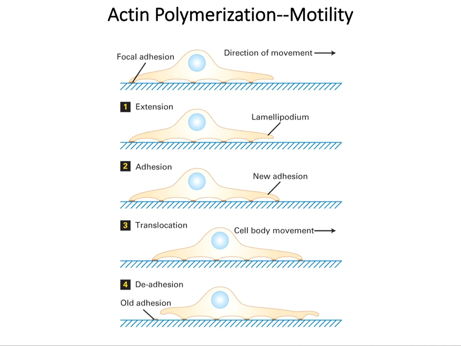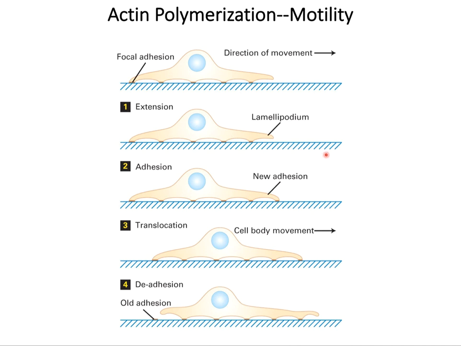The direction of the movement is left to right on this slide. So in the first step, you have what is known as the extension. The extension is characterized by stretching or outgrowth of the leading edge of the cell to form a structure known as the lamellipodium, which is the membrane structure that resembles a foot.